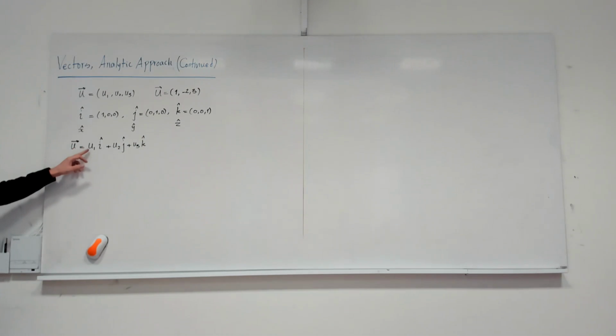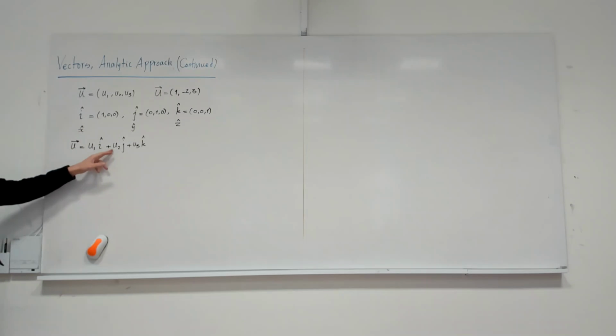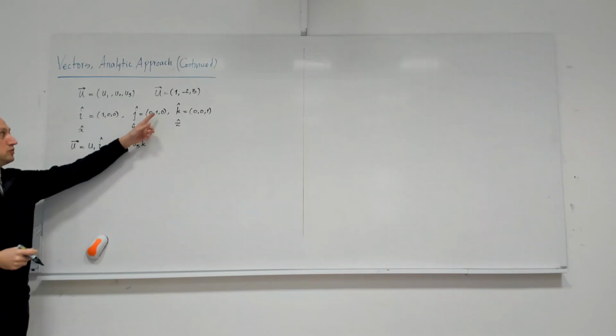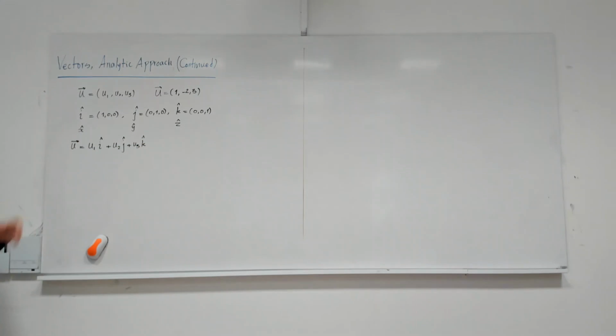If you multiply by u1, it becomes (u1, 0, 0), then (0, u2, 0), and then (0, 0, u3), and if you add the three vectors, it becomes exactly that vector. So you can decompose any vector that you like and write it as a linear combination of these three vectors.